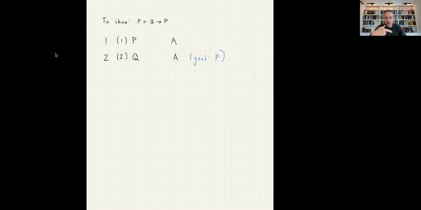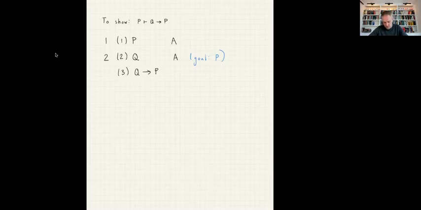But actually the letter of the law, what conditional proof says is if you assume something and you have something else, it doesn't have to come later. It could already be there. So that might sound like it's too good to be true, or it might sound like cheating. But in this case, it's perfectly legitimate on line 3 to now write if Q, then P.